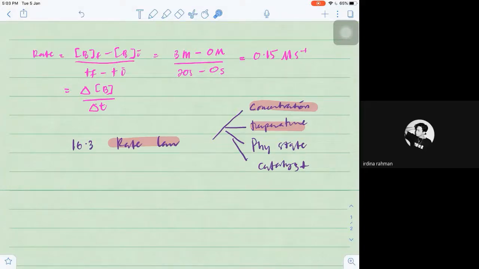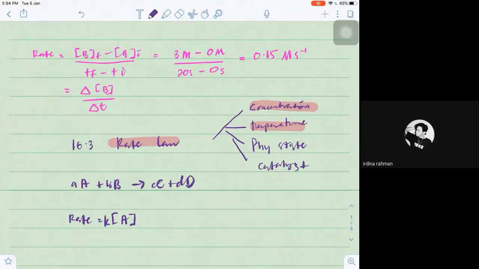Okay, so let's say we have a reaction of A, I'm using the same equation as in the textbook. If we have a reaction of A plus B produce C plus D, the rate law of this reaction will be rate equal to concentration of the first reactant, which is A. Before that, K is the rate constant.